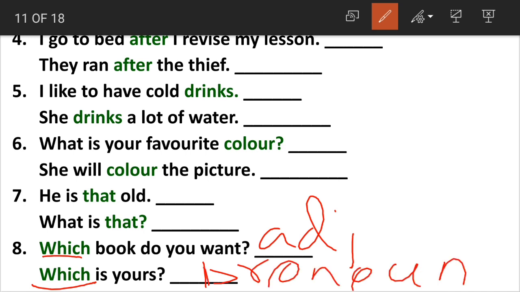Because we are talking about a noun here. It may be a thing, it may be some item, like a dress, a toy, a book, whatever it may be. So we are not naming it particularly. We are just asking which is yours, because we are using this word instead of a noun. So that's the reason this becomes a pronoun.